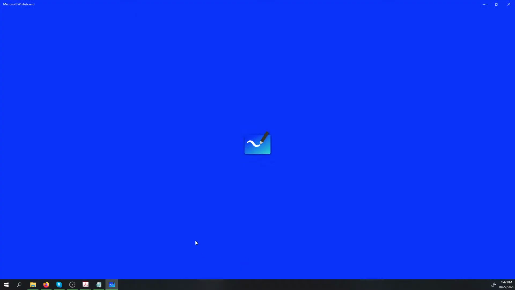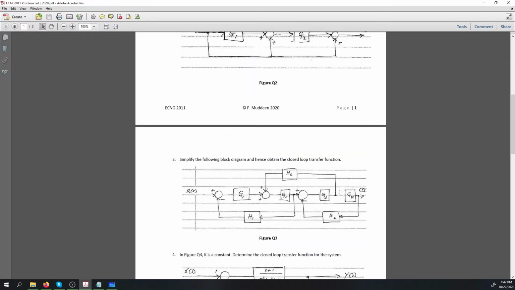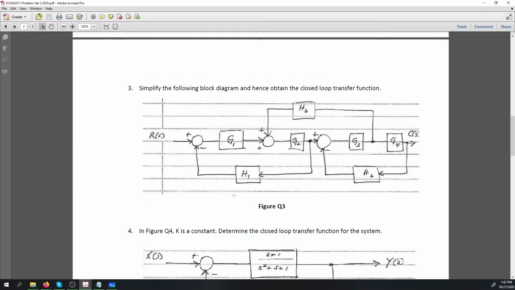Let me go back up to the whiteboard here. Question 3 was for us to simplify the following block diagram and hence obtain the closed loop transfer function.